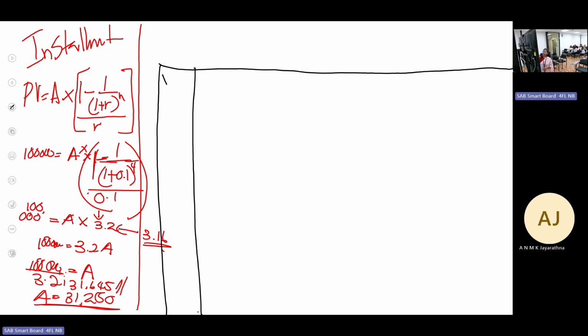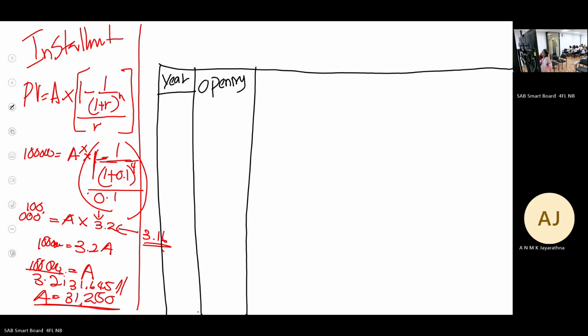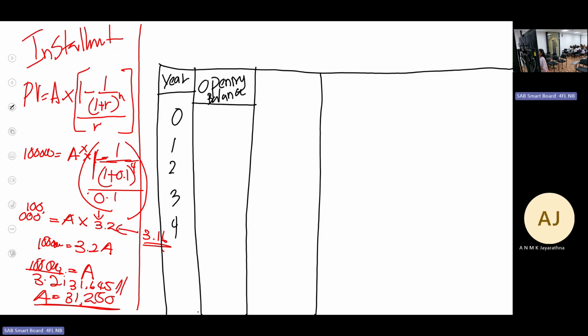First column should be year, and then second column opening balance. How many years? Year 0, first year, second year, third year, fourth year. And then installment.